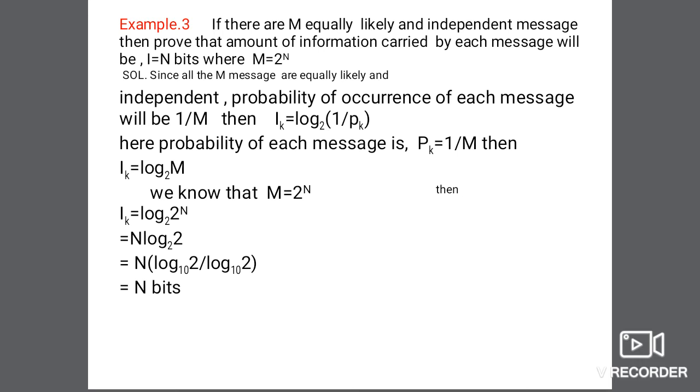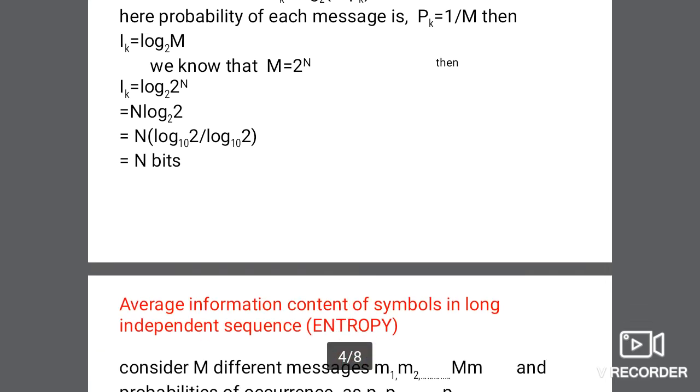The power n goes before the log, so n times log base 10 of 2 upon log base 10 of 2, which is equal to 1, and here it is n bits. So we can solve and prove this according to the question.